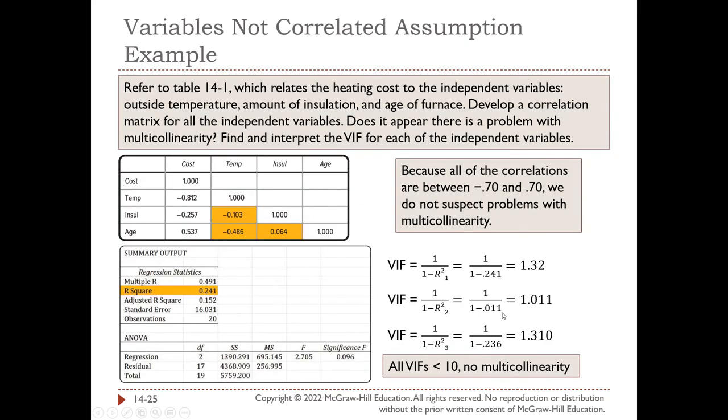And we do find 0.011 for our second one, and then 0.236 for the third, which of course is our furnace. So all VIFs do end up being less than 10, so there is no multicollinearity going on. Nice.